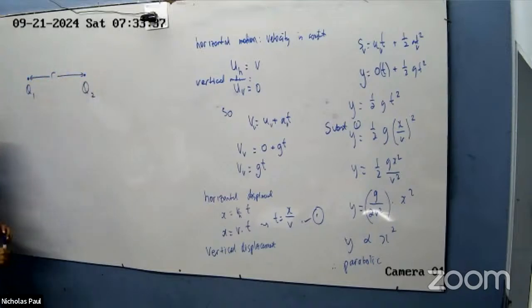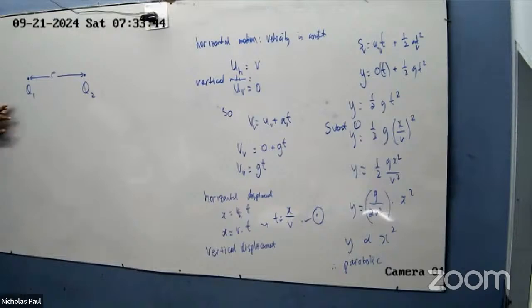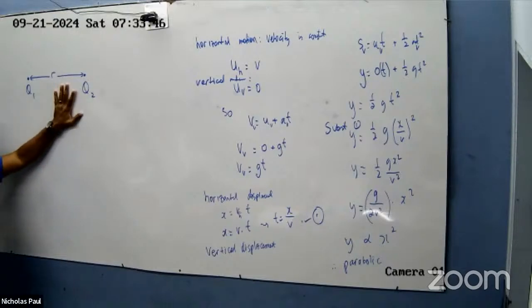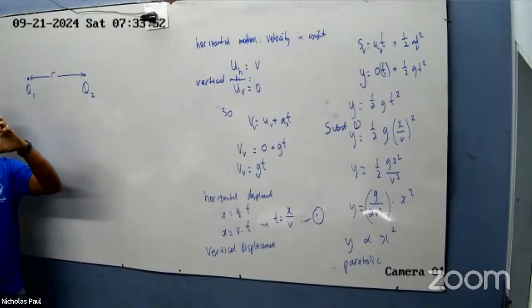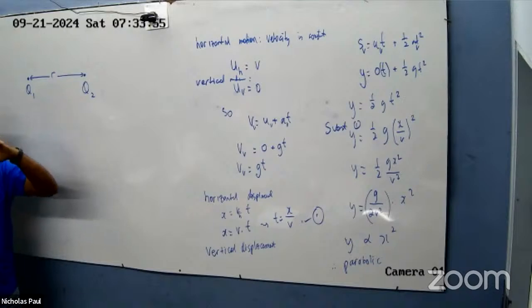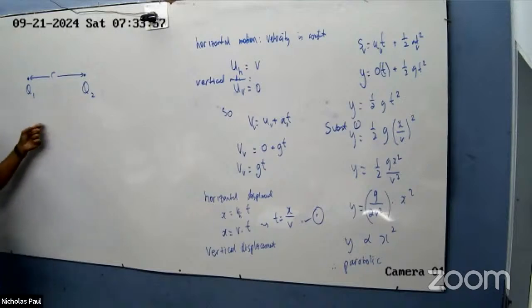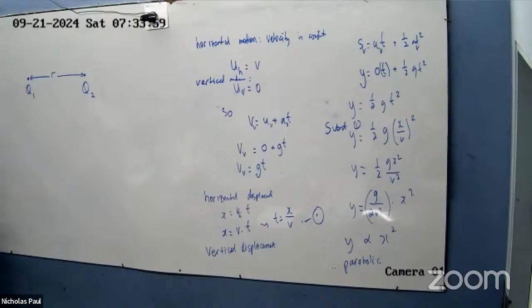Let's say I have two charges, and the charges are separated by distance r. You all remember Newton's law of gravitation: you have two masses separated by distance r, and there's a force of attraction between them. Well, here, there's also a force between them.